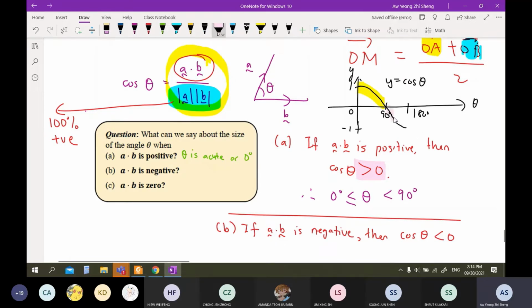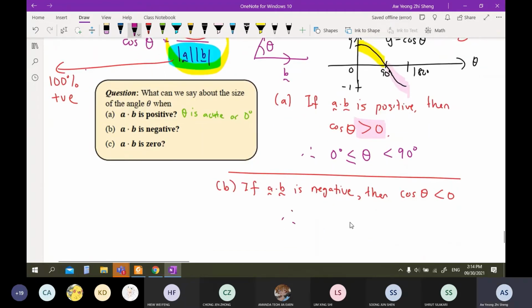So you will look at this pink color section of the graph. So the angles that you will get: theta is between 90 to 180, possibly equal to 180, but not including 90, and because our cos theta is strictly negative, it doesn't include 0 itself.